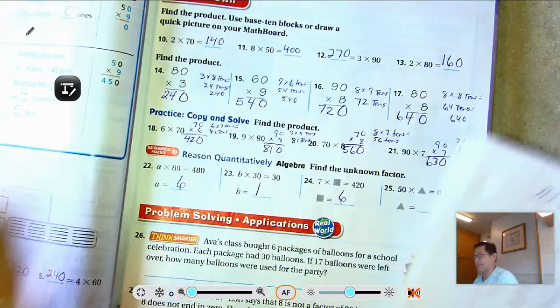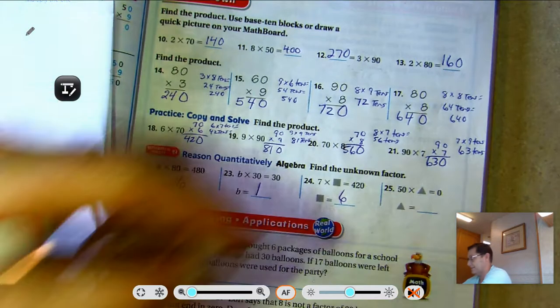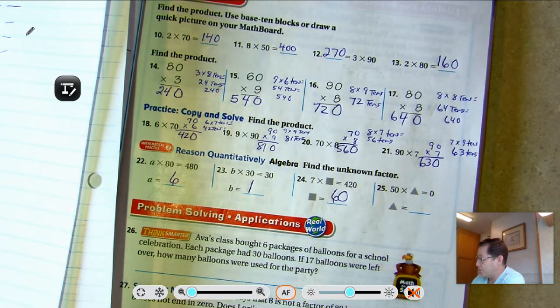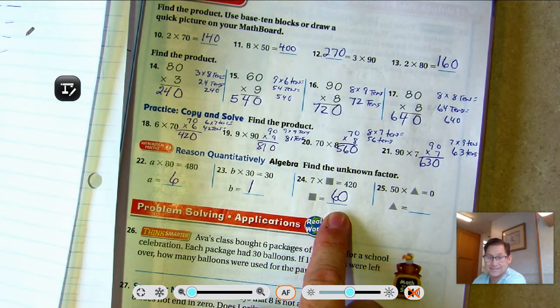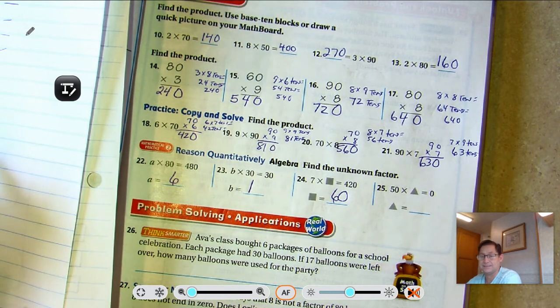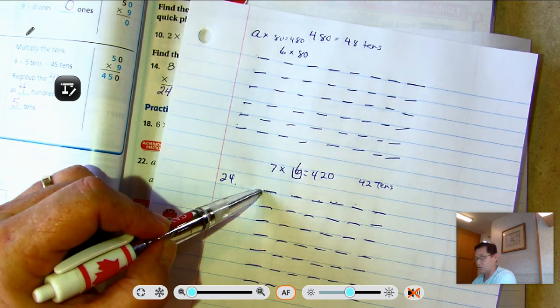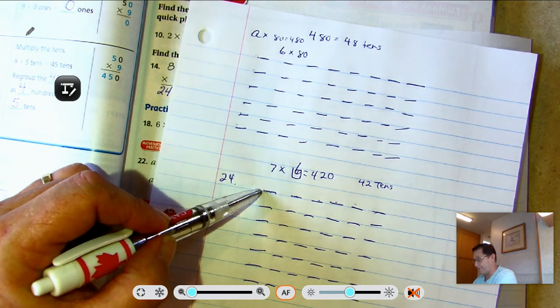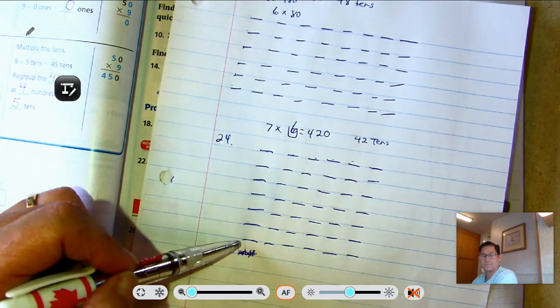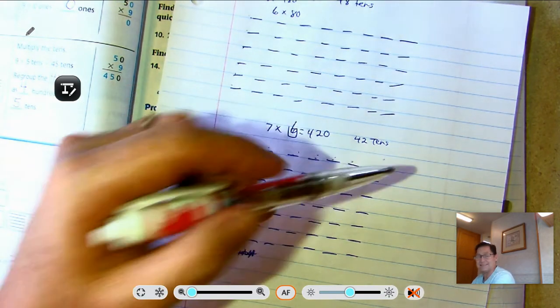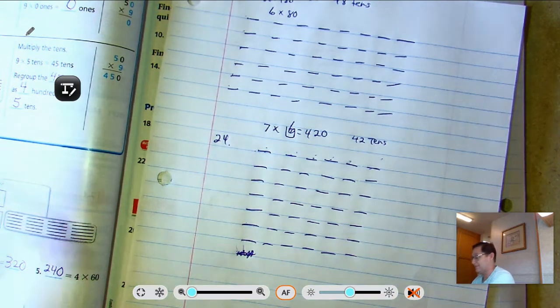And again, that makes sense because 7 times 6 is 42. Now, you notice it's not 6, it's 6 tens. Okay? Remember, these are all tens. So I have 7 rows of 10, 20, 30, 40, 50, 60. 7 rows of 60.